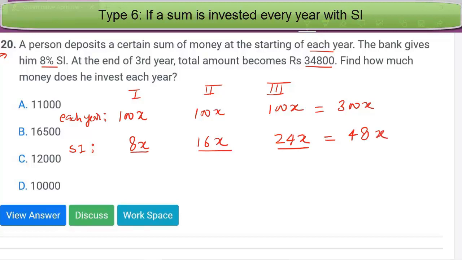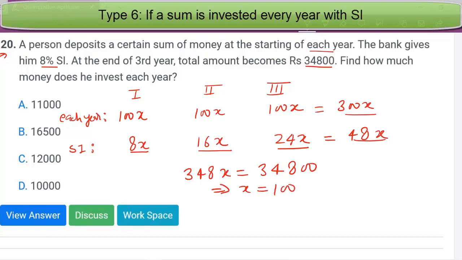So the total amount has become 348x over 3 years, and that has come out to be 34800. So straight away x is equal to 100.